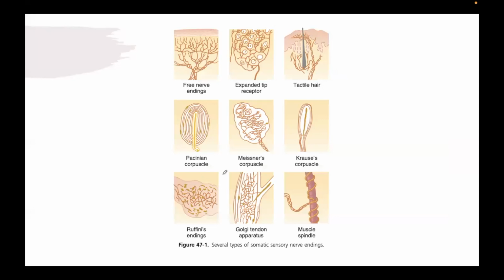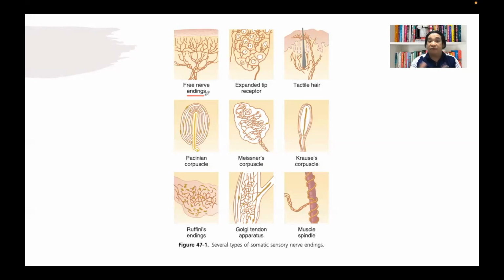Now next, a very nice figure here from your textbook showing you the different types of somatic sensory nerve endings. What are the different somatic sensory nerve endings in the book?